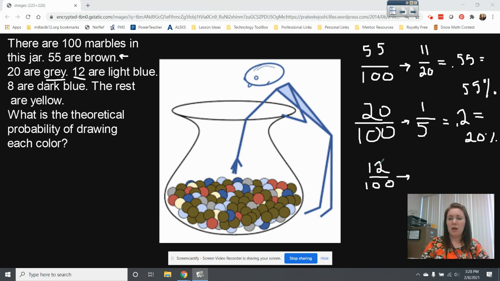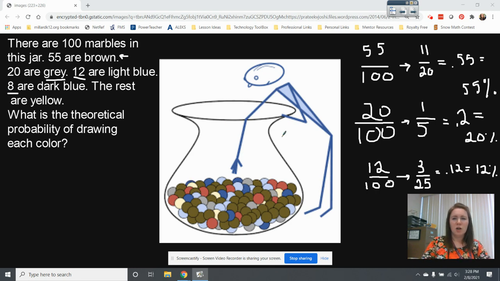We can divide each of them by 4, so that becomes 3 over 25. And then written as a decimal, it's 0.12. Written as a percent, it's 12%. So same as before, 12% chance of drawing light blue, or 12% of the time we expect it's going to be a light blue marble.